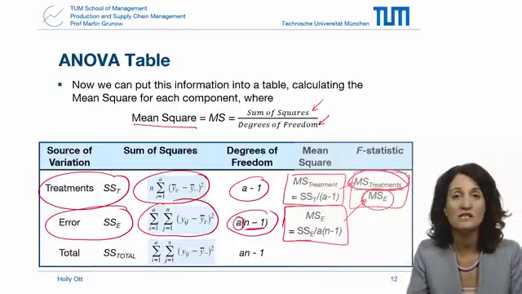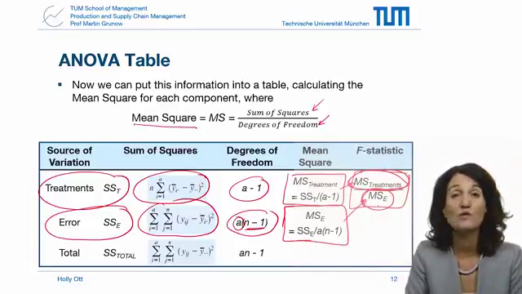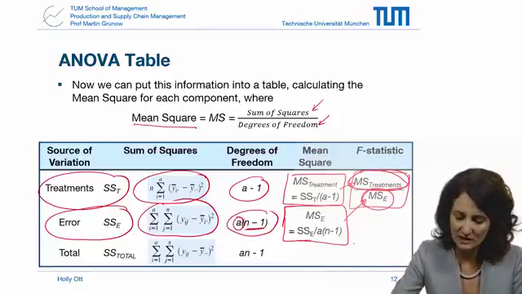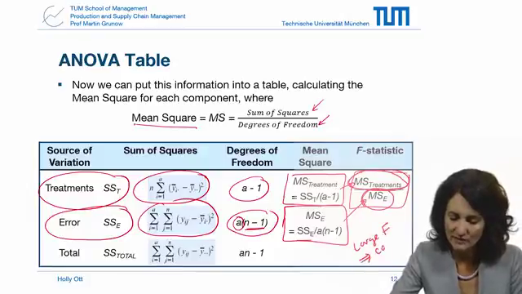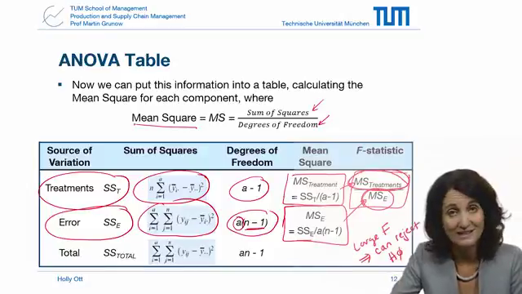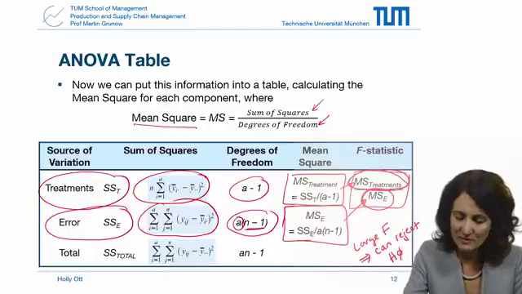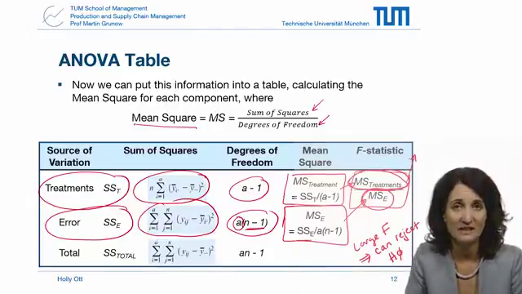And the larger it is, the more we see the significance of the difference between our treatments, and then we can reject. So maybe I just write that down: large F, you could hopefully reject the null hypothesis. Do you remember the null hypothesis here was that there was no difference between the means? If this MS treatment starts getting big, then we will have a significant difference and we reject H0.